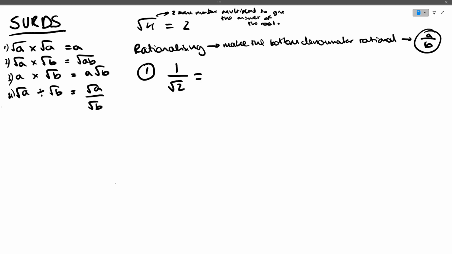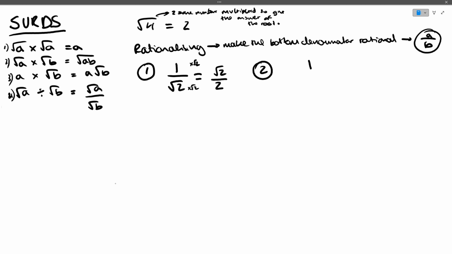I'll label these rules real quick. Root A times by root A will just give the number back. So using this logic, root 2 times by root 2, this is going to be 2. We'll show that we times this by root 2. And remember, whatever's happened on the denominator, we do on the numerator.